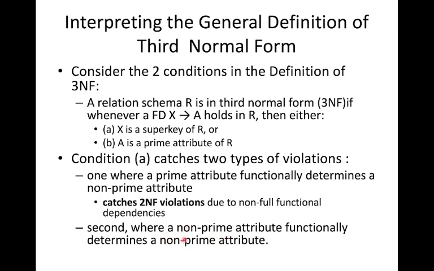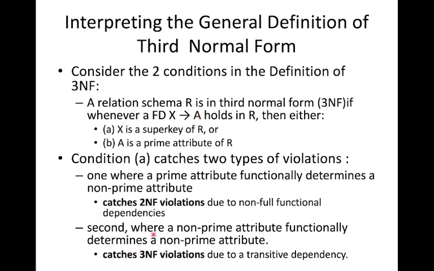This will also be caught here, because it catches third normal form violations due to transitive dependency. Transitive dependency occurs if there is a functional dependency X to A, and if there is a dependency from A to some other B, then there can be a possibility of X to B. But if A is a prime attribute, then that transitive dependency is not a problem. We have already seen, X to A and A to B, and if A is a prime attribute, then it is not at all a problem.